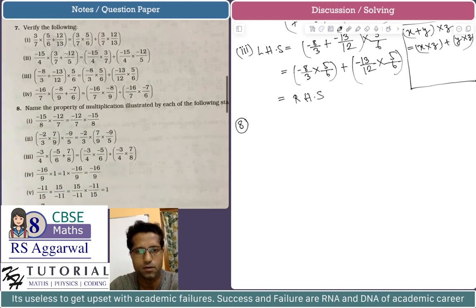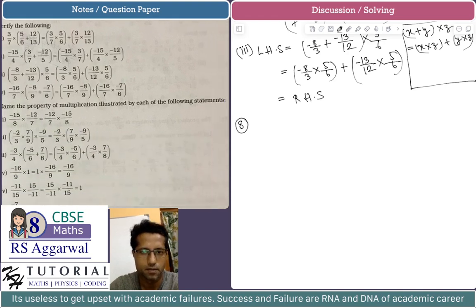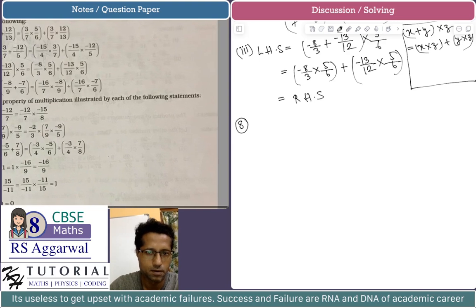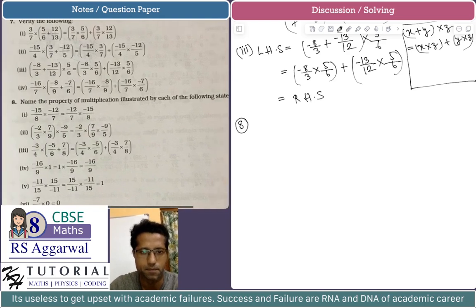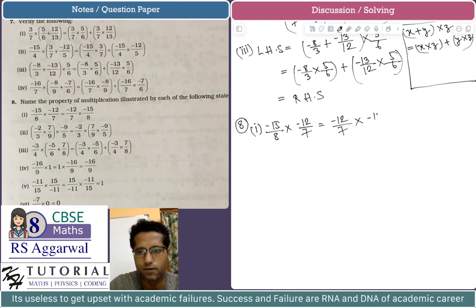Name the property of multiplication illustrated by each of the following statements. So we have to identify which property of multiplication has been applied in the equality. Now, first one, it is given that minus 15 by 8 multiplied by minus 12 by 7 is equal to minus 12 by 7 multiplied by minus 15 by 8.